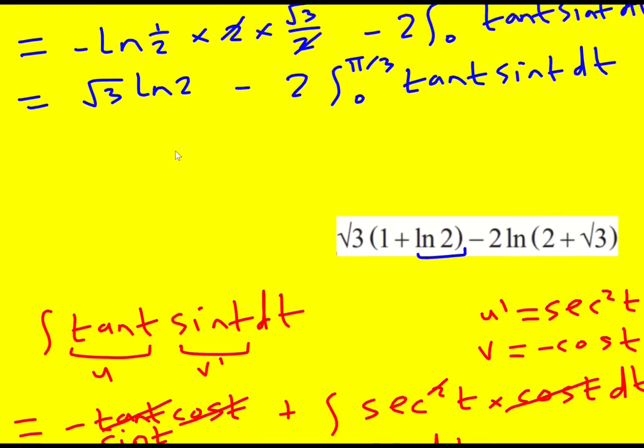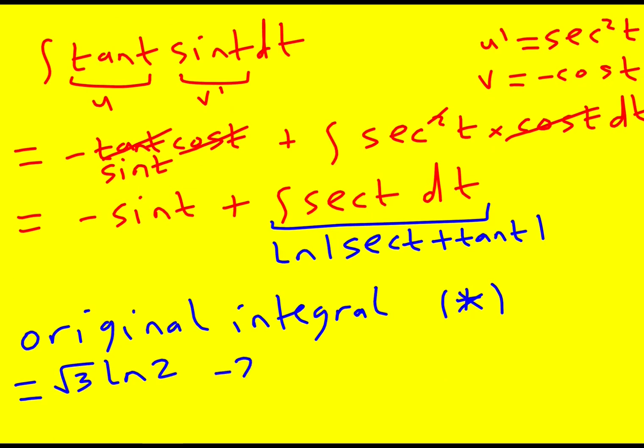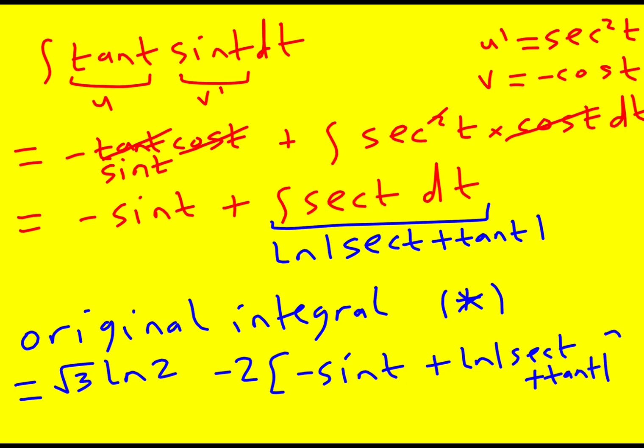And then I'm minusing two lots of this thing, but evaluated. I can put it all together, in fact, because I have these two things finished. It's going to be minus sine t plus ln of sec t plus tan t in modulus.